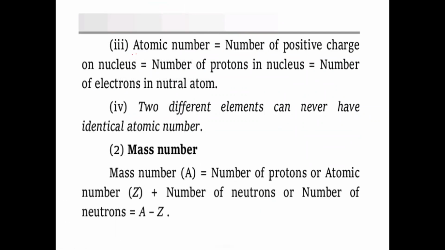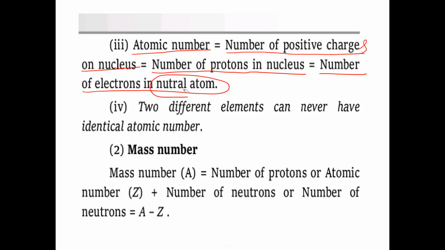Now see next. Atomic number equals the number of positive charges on the nucleus. The number of positive charges on the nucleus is called the atomic number, meaning the number of protons in the nucleus. That is also the number of electrons in a neutral atom.